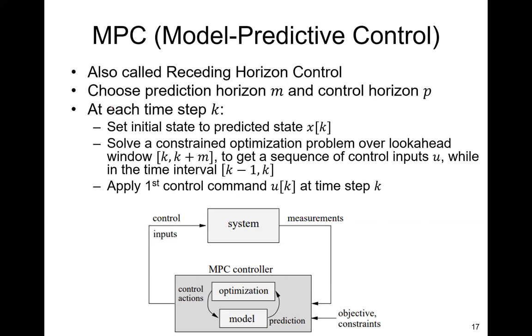So you may have a prediction horizon M and a control horizon P. And then within the prediction horizon, you can compute a sequence of control inputs and then take the first control command at the current time step k, and then move forward one step.